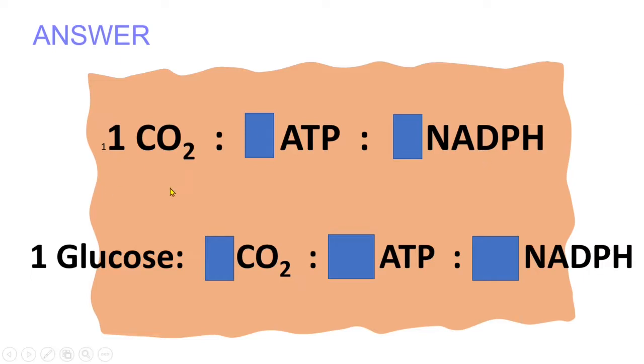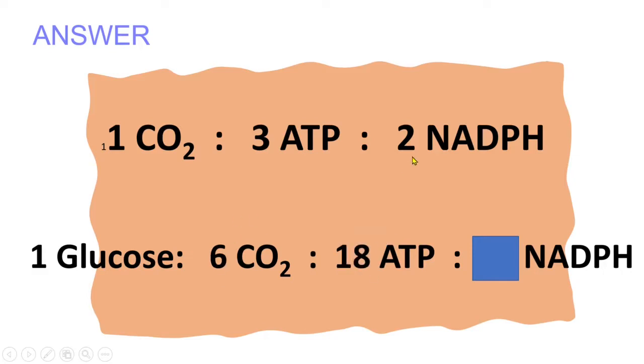Going back here, 3 ATP and 2 NADPH per carbon dioxide. So for every 1 glucose, we have 6 carbon dioxide, and you multiply 6 times 3, it now becomes 18. 6 times 2, it now becomes 12. So for every glucose, you will be needing 18 ATPs and 12 NADPH, because 6 carbon dioxide needs to enter the Calvin cycle in order to produce 1 glucose.